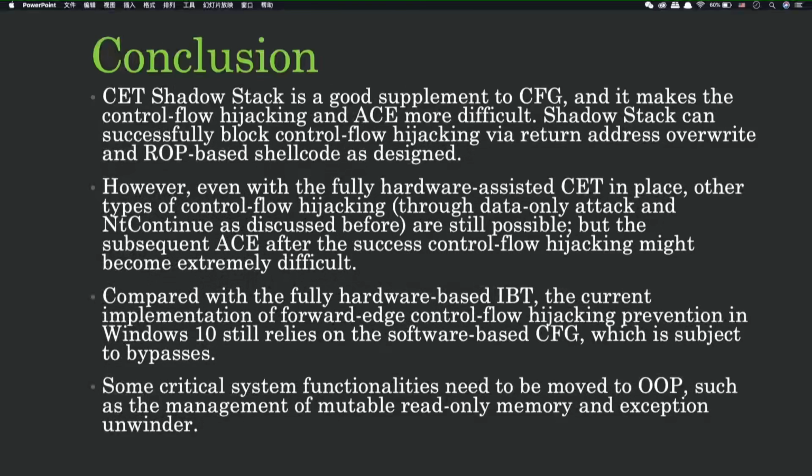That means that CET is still very strong in terms of providing protection. The third point we want to make is that compared to the hardware-based IBT, the indirect branch tracking, the current software solution on Windows 10 is still not adequate because CFG is still bypassable.